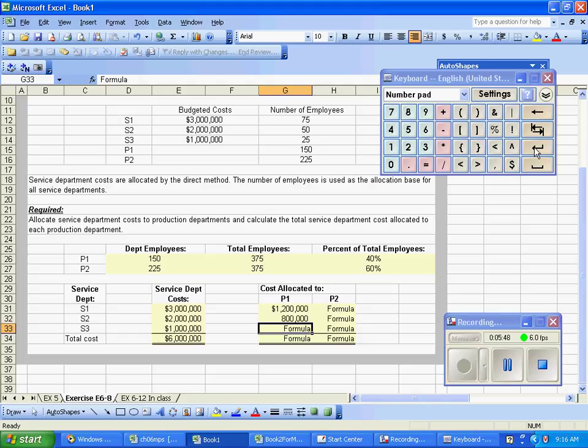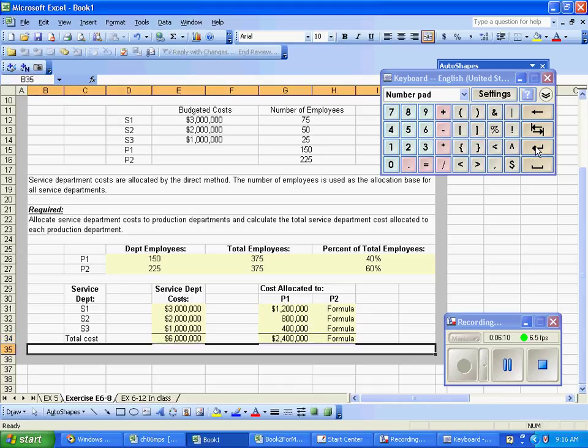And then to allocate the 1 million from the third service department, that's going to be equal to 40% times 1 million. And so my total allocated to Production Department 1 is 2.4 million.